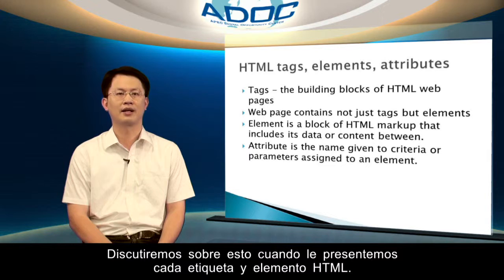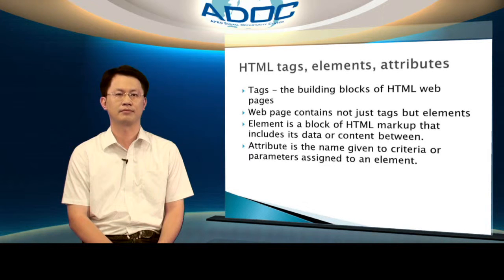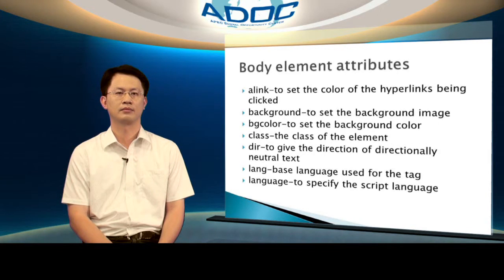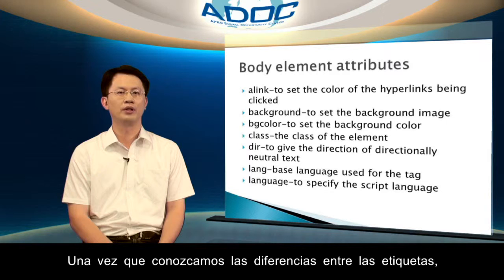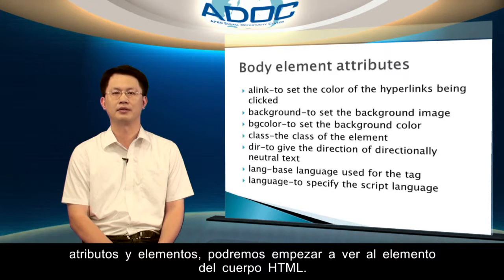We will discuss that when we introduce each HTML tag. And once we know the differences between tags, attributes, and elements, we can start to look at HTML body elements.